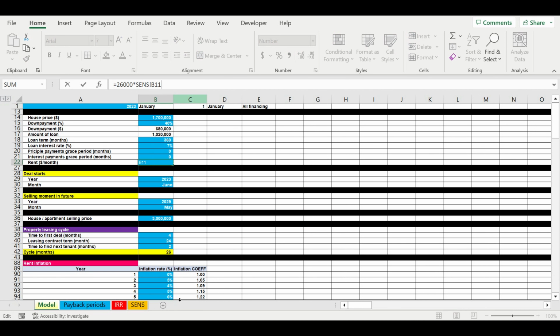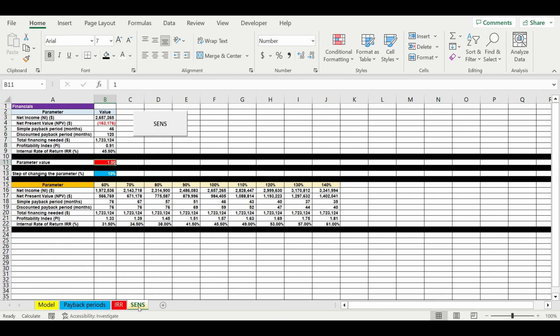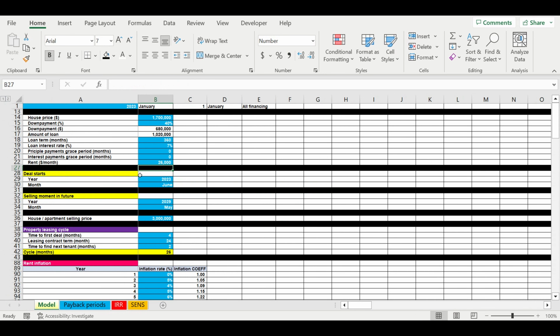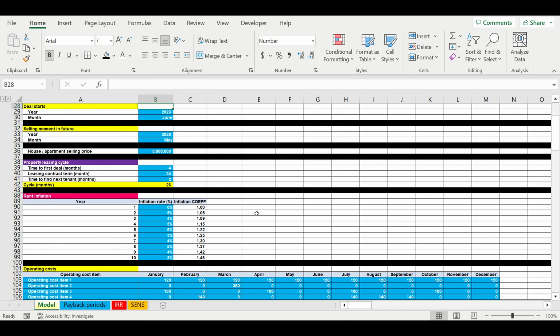Then we, for example, would like to see, so we can delete this parameter from rent and add this parameter to the selling price of our house.